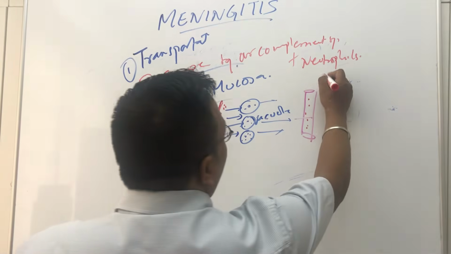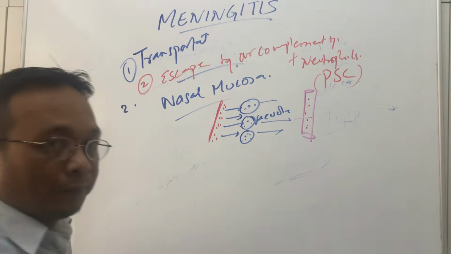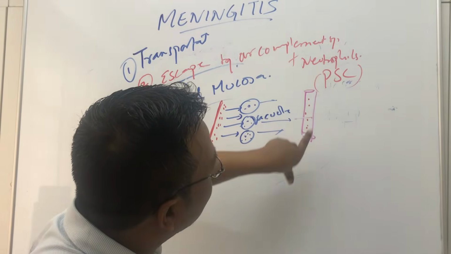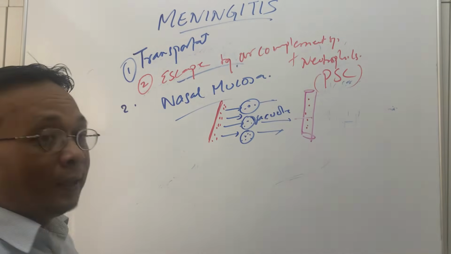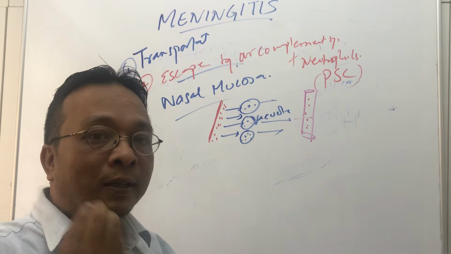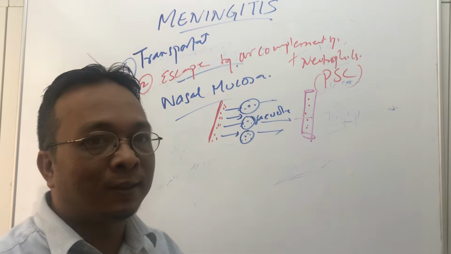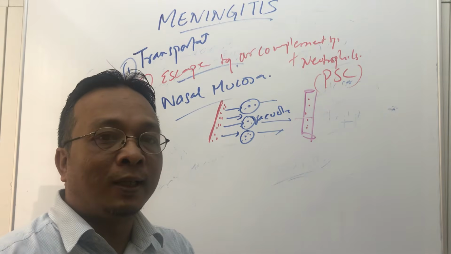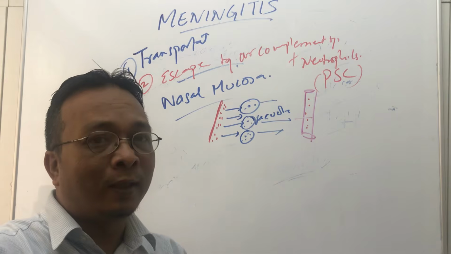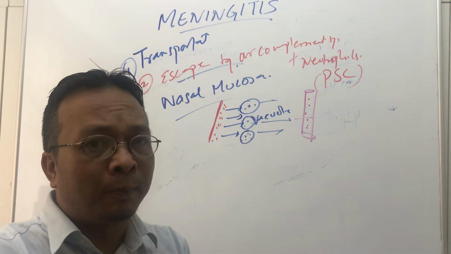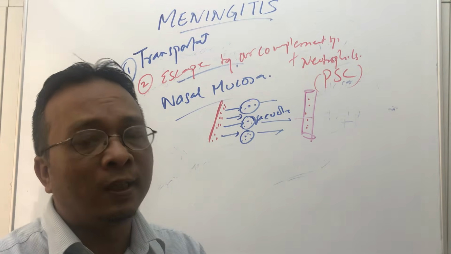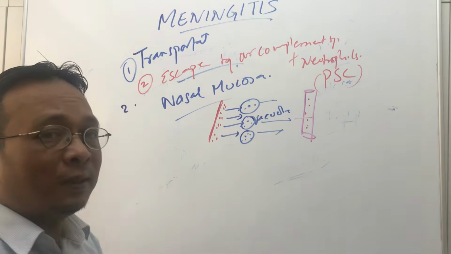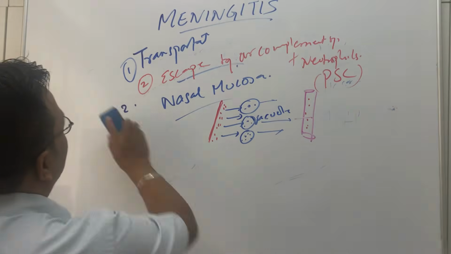Now they are transported in the blood and finding a way to escape into the CSF. That is possible only when they attack the most vulnerable part, where the blood-brain barrier is not so fully developed, or is vulnerable. Which is that place? That place is the choroid plexus.